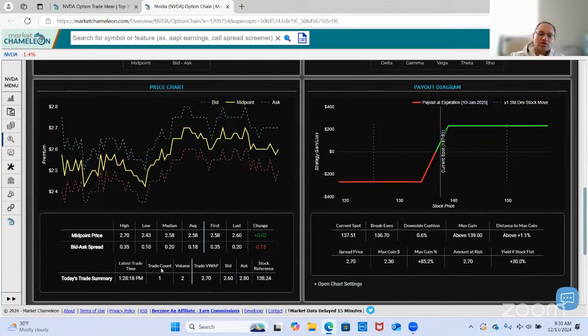And we did witness at least one trade at 128.18. There's one trade here, not a lot, only a volume of two at a price of $2.70. Okay, with a reference price. So this lists the all trade summary for the day.